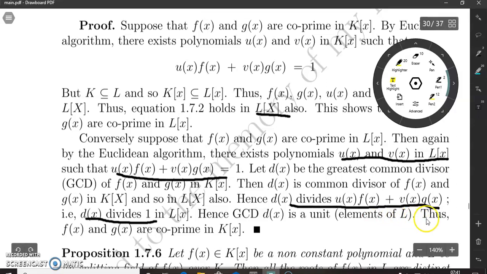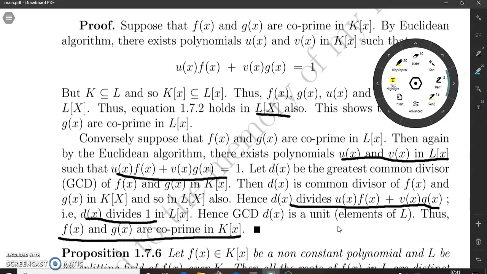So this says that the GCD of f(x) and g(x) is 1, that is, f(x) and g(x) are co-prime in K[x]. Note that the units of a polynomial ring K[x] are the non-zero elements of the field.